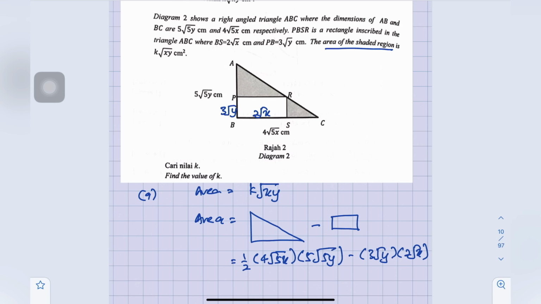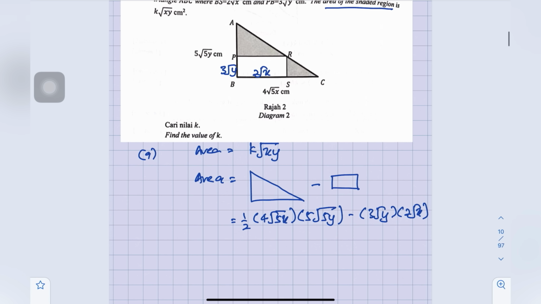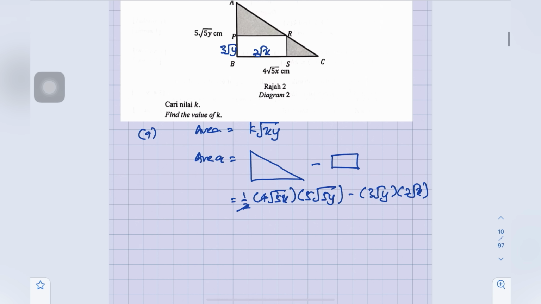Okay, so we try to solve this one. 2 times 5 is 10. Root 5 root xy minus 6 root xy. So here we get root 5 times root 5 is 5. So 5 times 10 is 50.